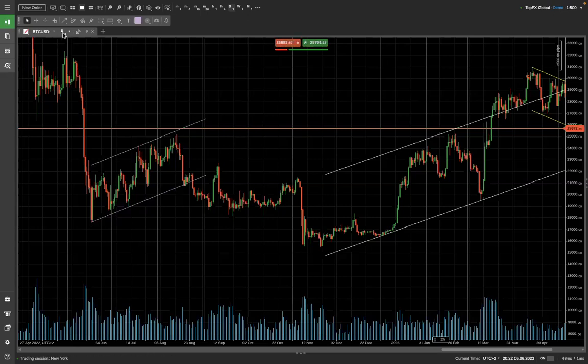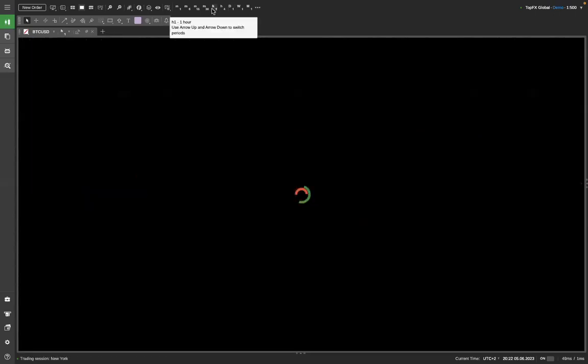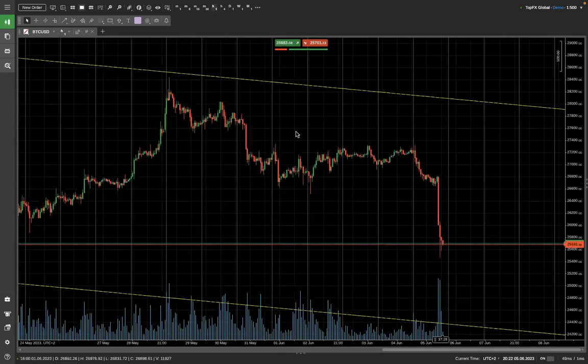Of course, you don't have to apply the equidistant channel on a daily time frame chart. You can apply this tool to any time frame. Let me just find the hourly time frame chart. So what we have here is interesting as well.